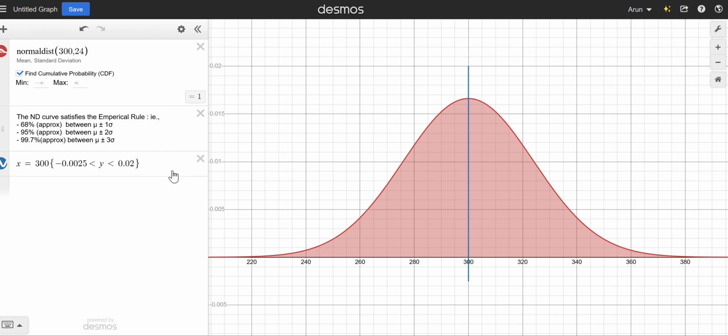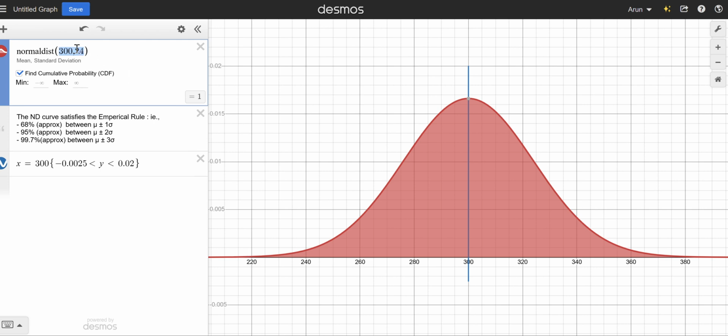Before I demonstrate this using Desmos, we will first try to understand the actual effect of changing mu and sigma in a very visual manner.